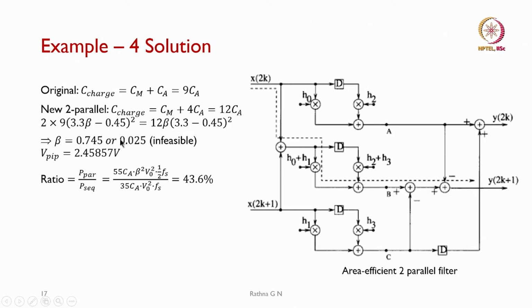So, as earlier cases this is infeasible, and we consider our pipeline the parallel version of it is going to have 2.45857 volts, and then the ratio with respect to this you will be calculating it as 43.6% the saving in the voltage.